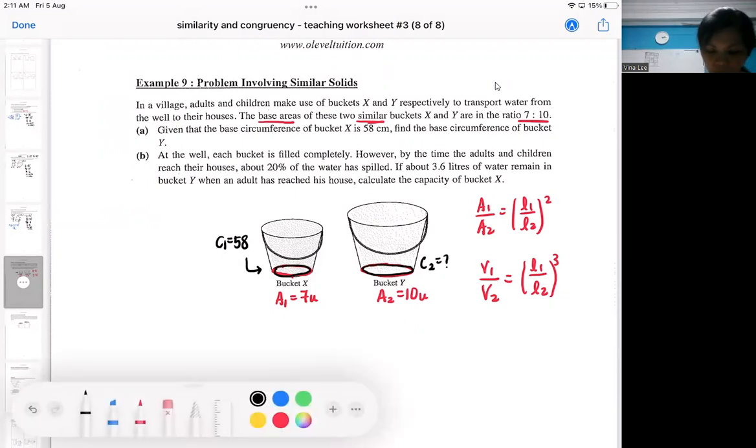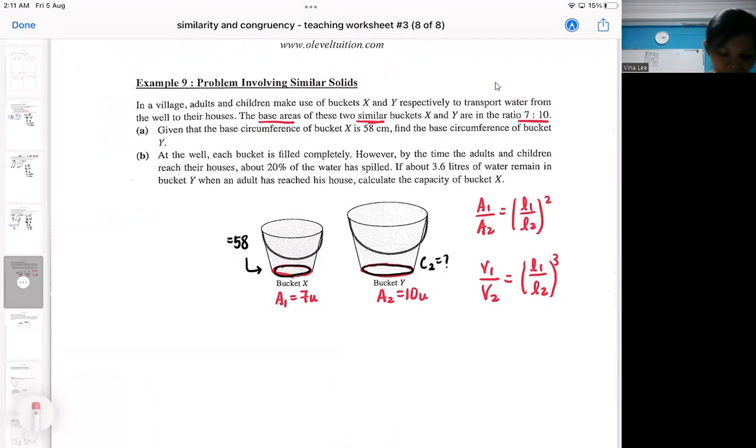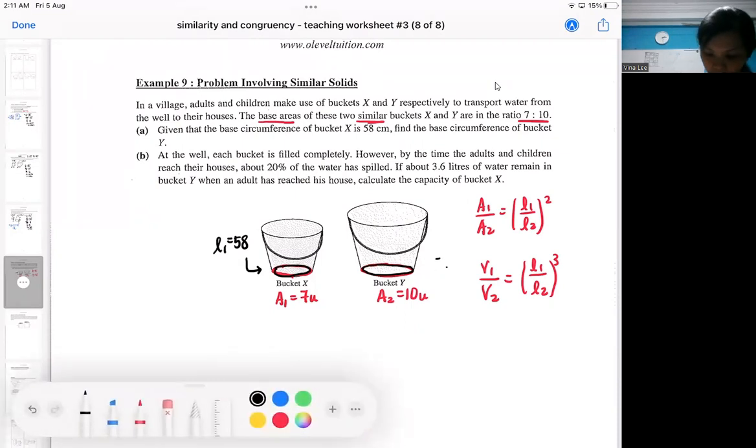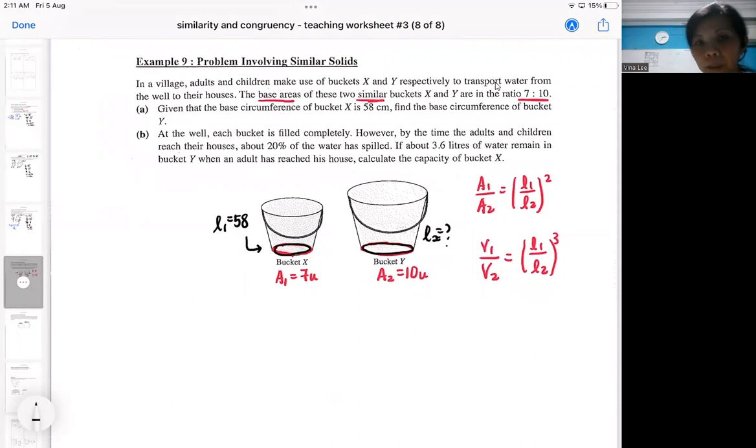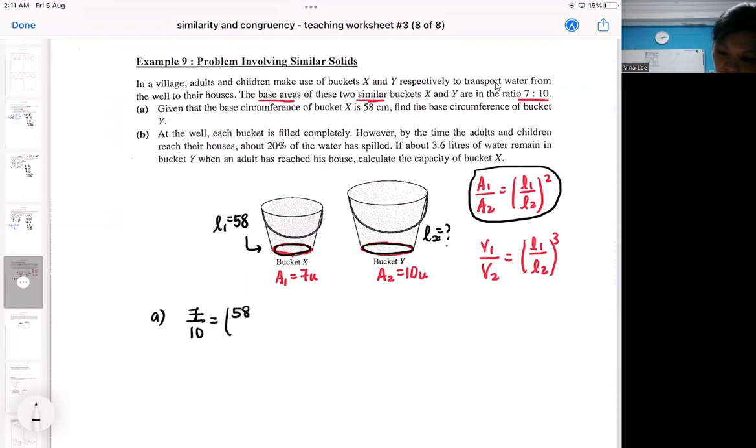If you don't want any confusion, you can stick to L1 and L2. How are you going to find the circumference of the big bucket? We use the area ratio. I'm going to use this one. It's 7/10 is 58/L2.